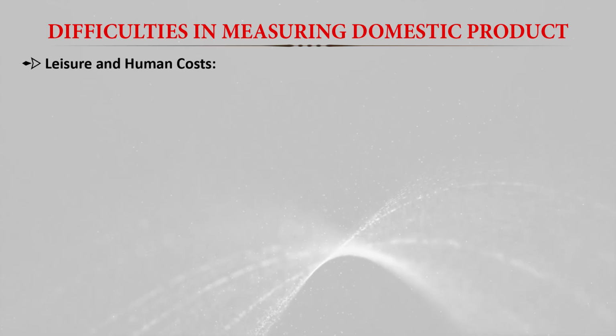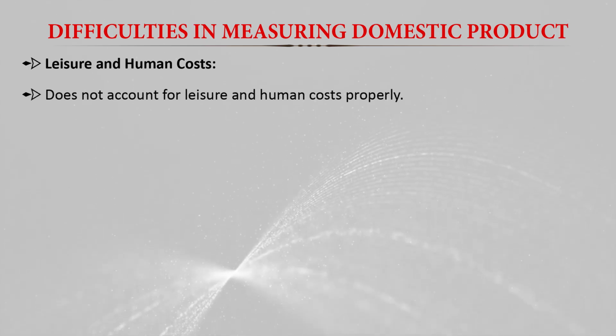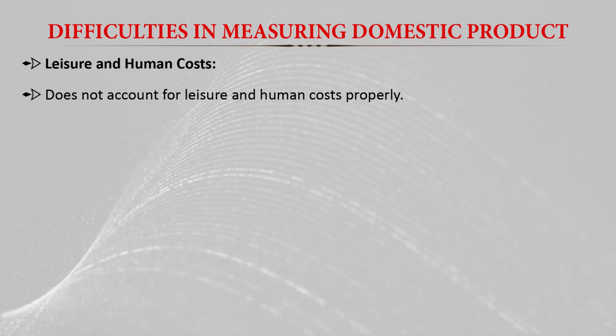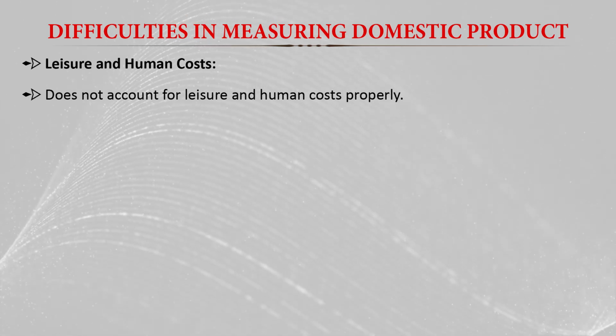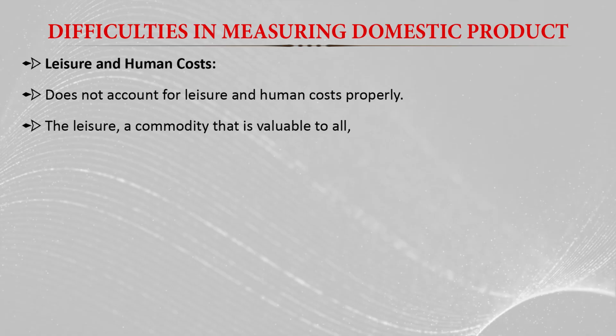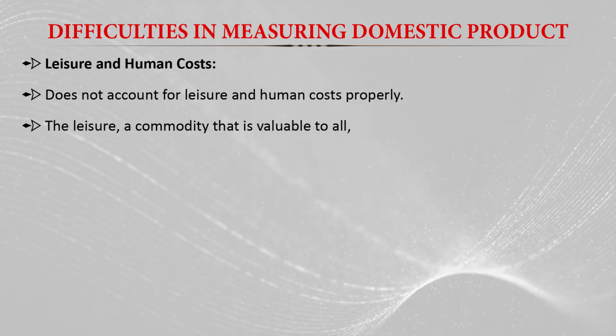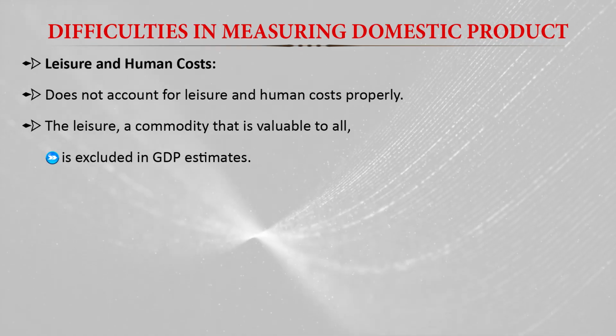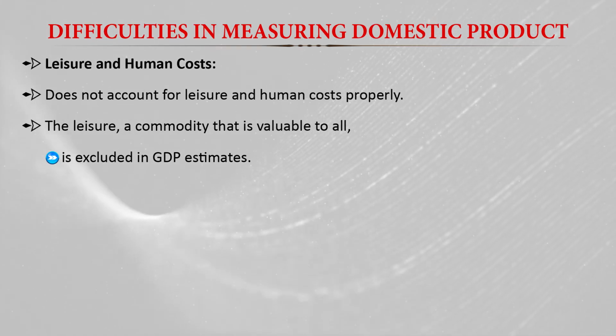Then another aspect which gives difficulty in measuring the domestic product is labor and human cost. Actually, we do not account for labor and human cost properly while estimating the national product. Labor is a commodity that is valuable to all, but it is excluded in the GDP estimates.